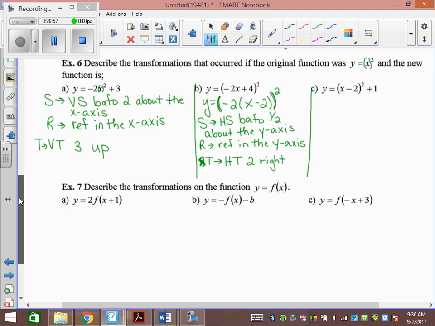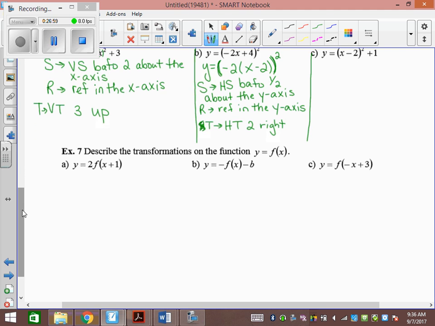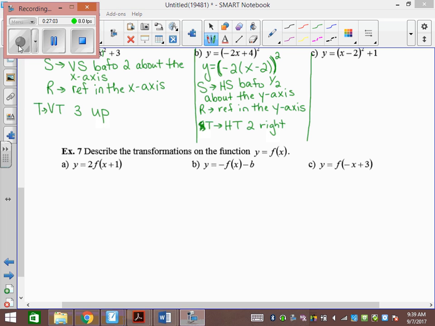We'll skip C because it's just translation. You guys try 7. Okay, so everything's on this side. If there was something with the y, I would move it over. That would be my very first thing I would do if it were me. So stretches. Do we have any stretches? Yes, we have a what stretch? Vertical stretch by a factor of 2 about the x-axis.